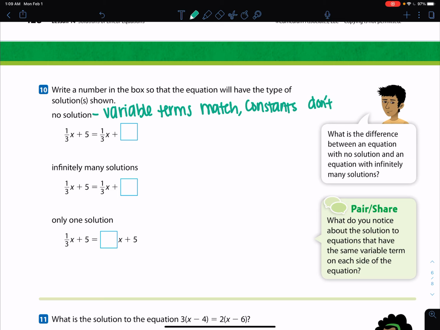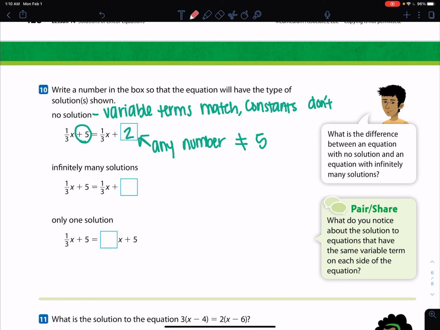So they already have our variable terms matching. All you need to do is come up with a constant that's not the same as the constant on the left side. The constant on the left side is 5. I just need to pick any other number that is not 5. The one I'll go with is 2. The key here is that it's any number not equal to 5. That's how you'll get your no solution here.